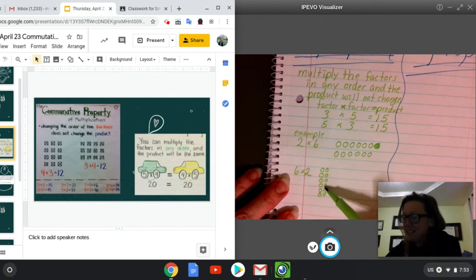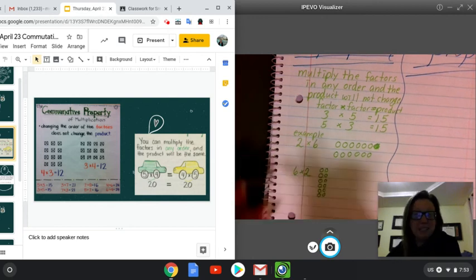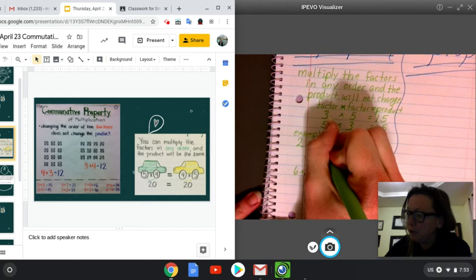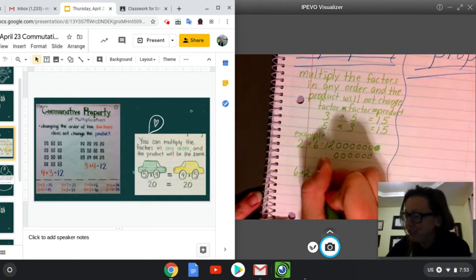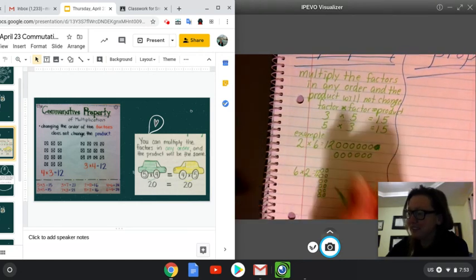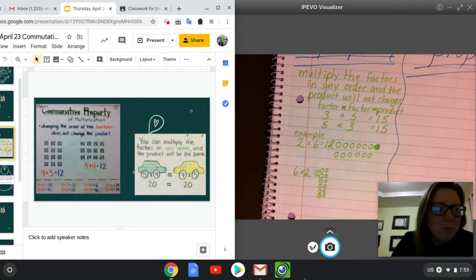This array has the same number as this one does. They both equal, great job, 12. That is all the commutative property is.